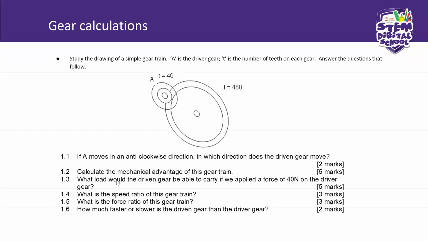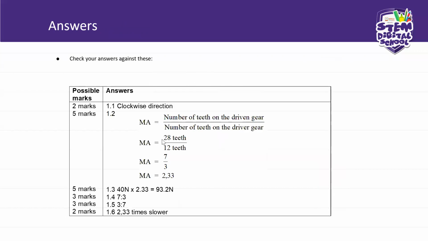Calculate the mechanical advantage of this gear train. Let me take you to the calculation. Mechanical advantage is load divided by effort. So the number of teeth on the driven gear is the load, divided by the number of teeth on the driver gear, which is the effort.